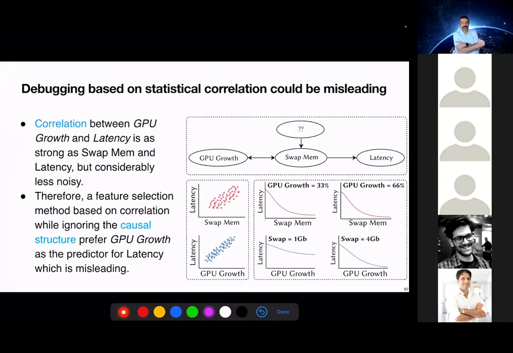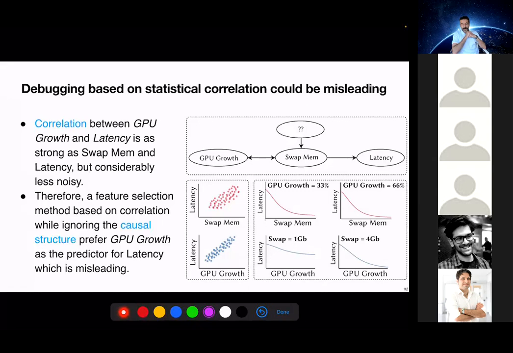But this is a direction that I'm really excited about. This is something that we will invest in for quite a while. This is about exploiting causal inference for reasoning about performance and optimizing performance, right?